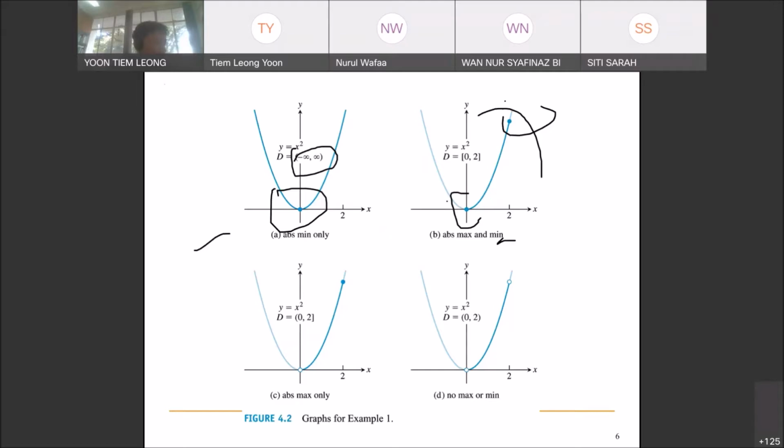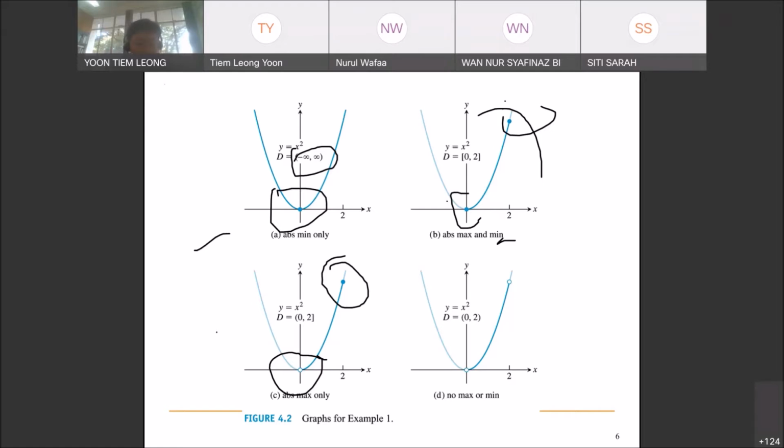But there will be situations like case C. Here you have an interval that is closed on the right, at 2, so the domain is inclusive of 2, and on the left-hand side it is open at 0, which means that 0 is not included in the domain.